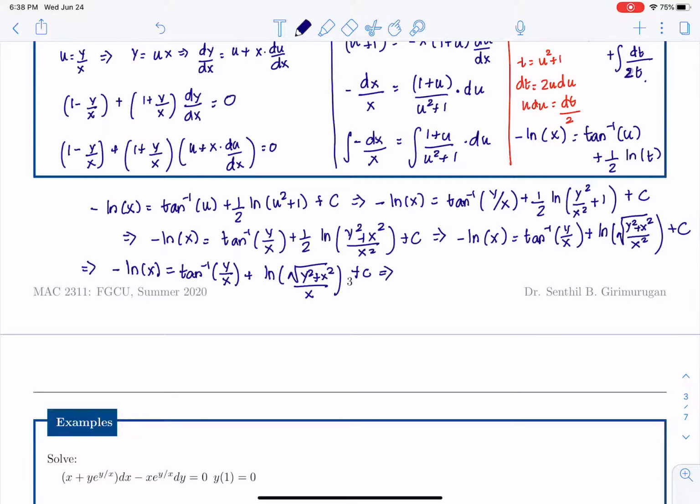Again, using the properties of logarithms, I'd have negative ln of x equals tangent inverse of y over x plus ln of the square root of y squared plus x squared, minus ln of x, plus c. So those two would get cancelled. I'll move the c to the other side. It'll become negative c.